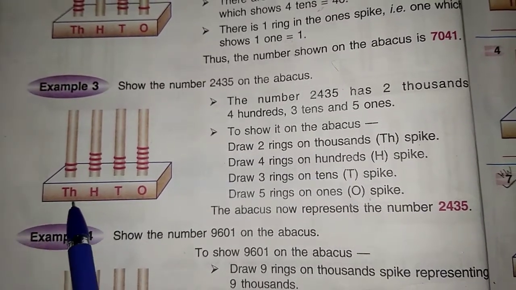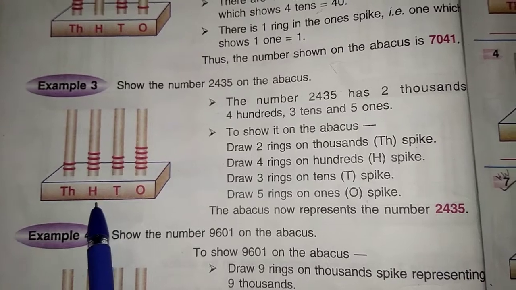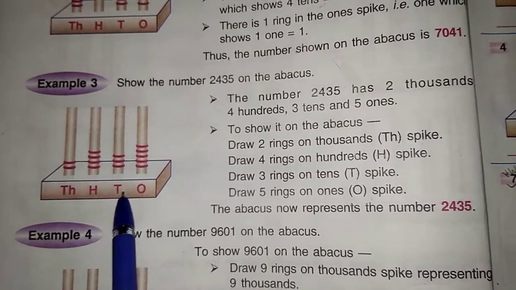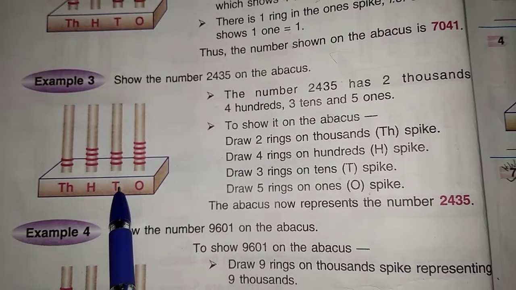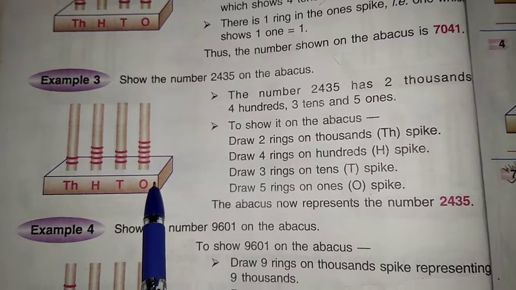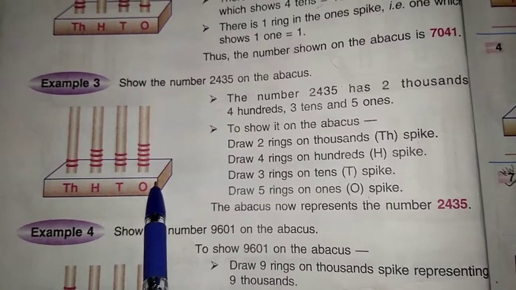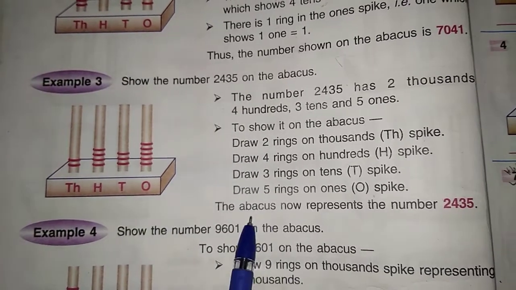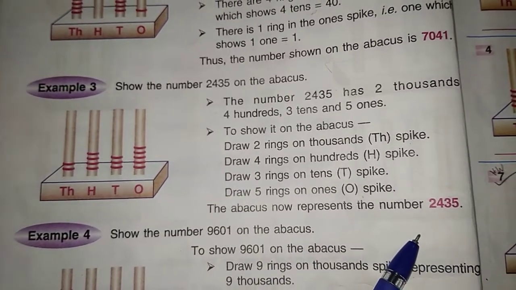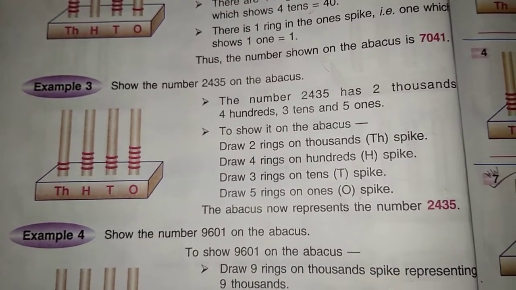Here you have to draw 2 rings. Now 4 rings on the 100 spike you have to draw, and 3 rings on the 10 spike, and on the ones spike you have to draw 5 rings. The abacus now represents the number 2435, children.